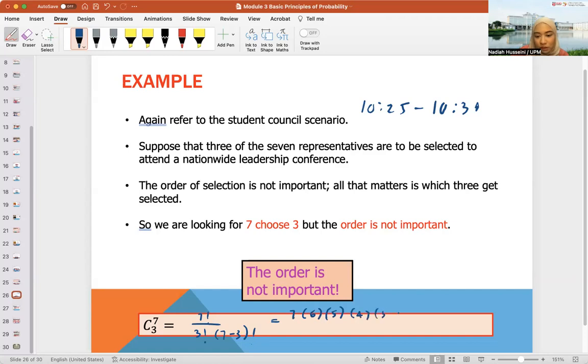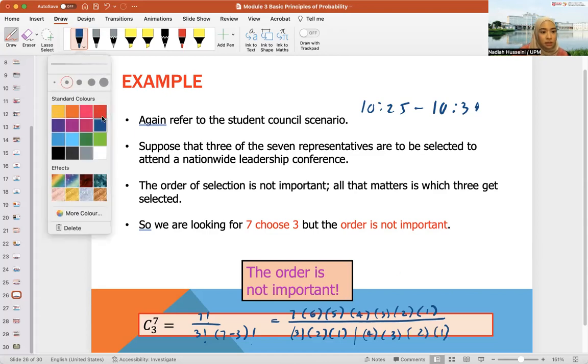Numerator 7 and so on down to 1, and then denominator 3, 2, 1. I'm just putting this here. Don't do this on your exam paper. Wait, 7 minus 3 is 4. So 4 times 3 times 2 times 1.